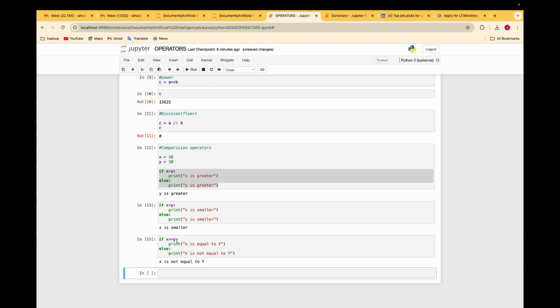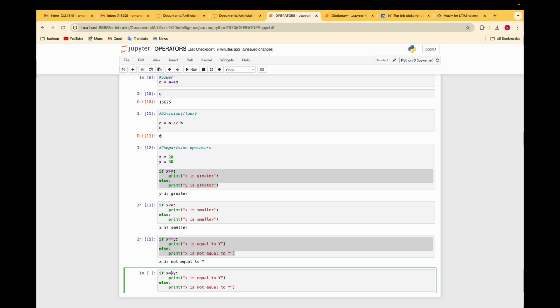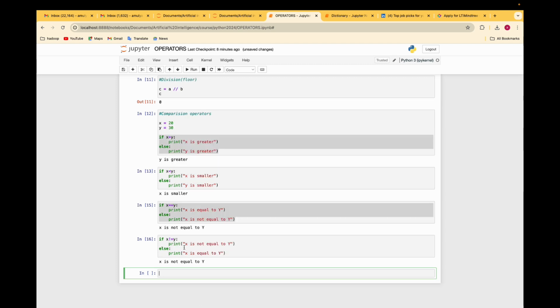If x double equals y, it says x is equal to y. Else it says x is not equal to y. Let's use x not equal to y: if x not equals y, x not equal to y, else x equal to y. It prints x not equal to y because x and y are different numbers.